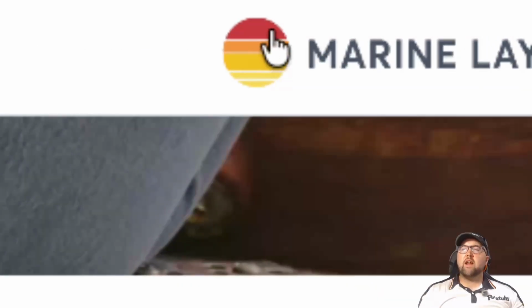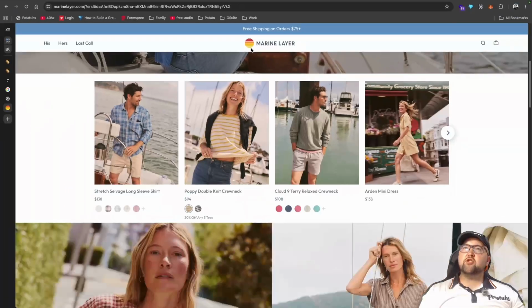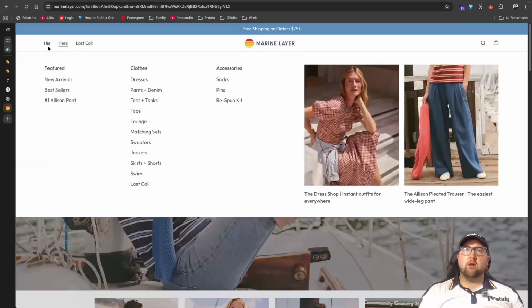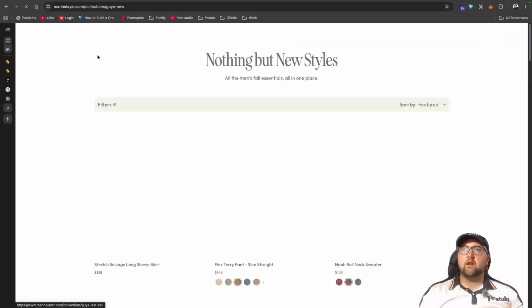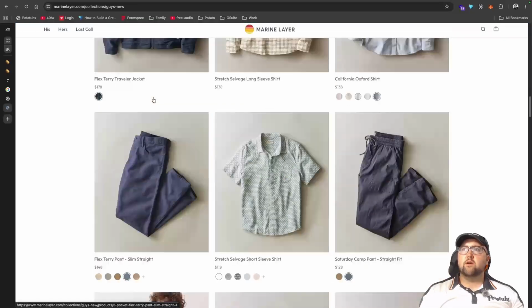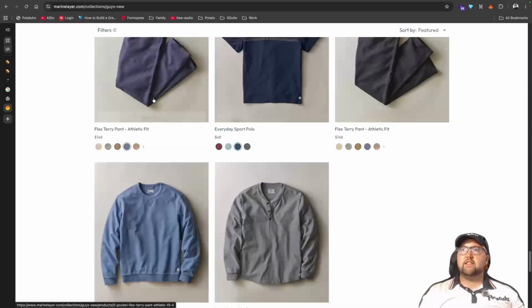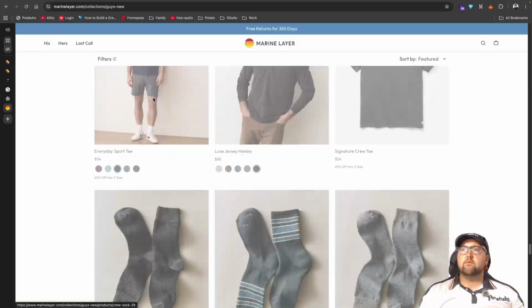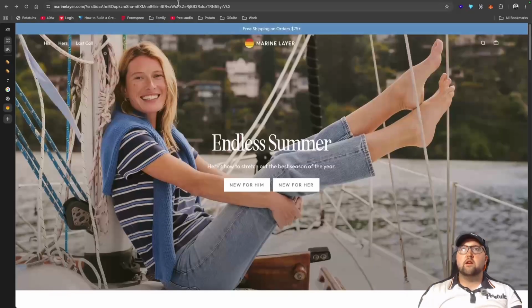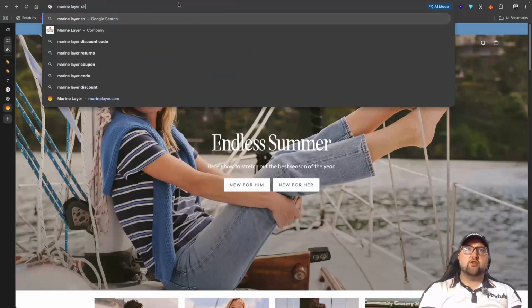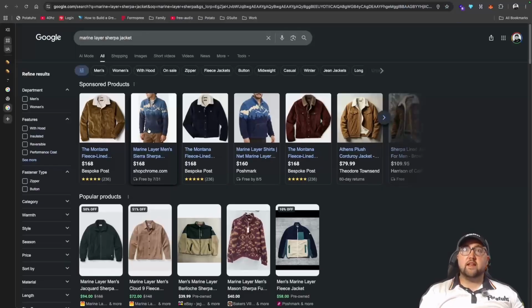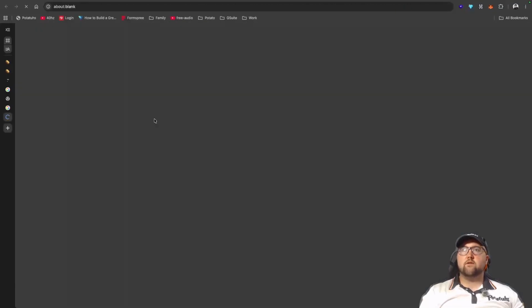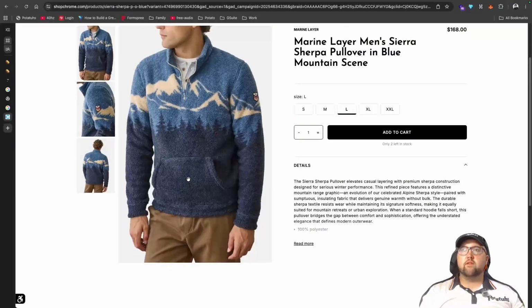There's red at the top, and then it goes into yellow. I think it's an interesting choice. I bought something of theirs, and I absolutely love it. It's this blue, I'll probably be able to Google it. Marine Layer Sherpa jacket. Oh my goodness. If you don't have one, highly recommend it.